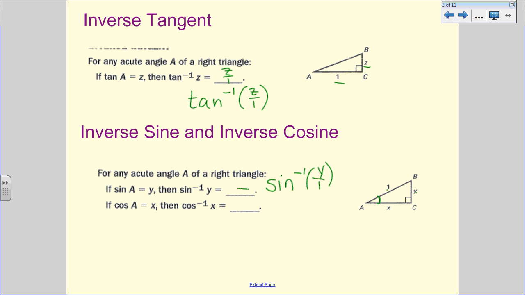I don't understand quite why they have this written here, guys. So to find angle A, it'd be sine inverse of y over 1.